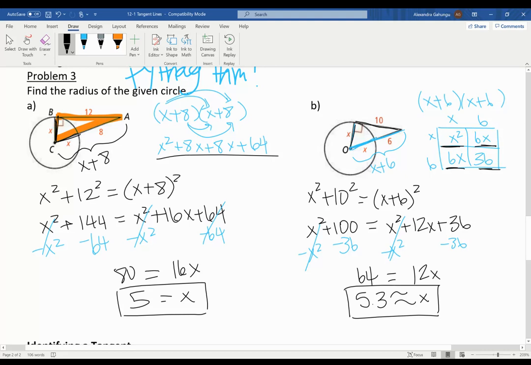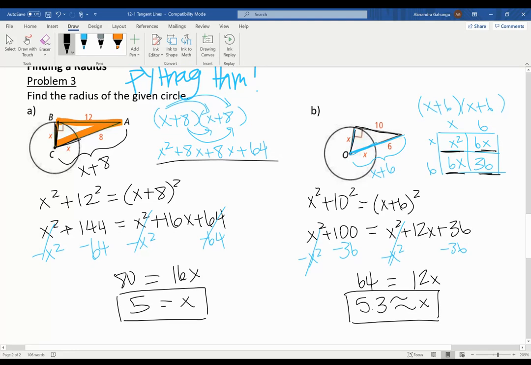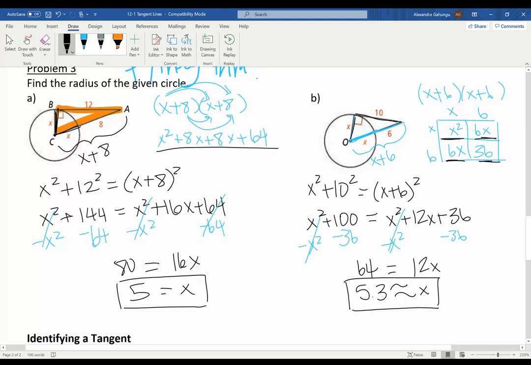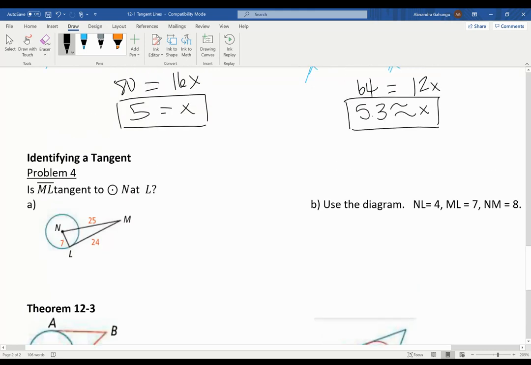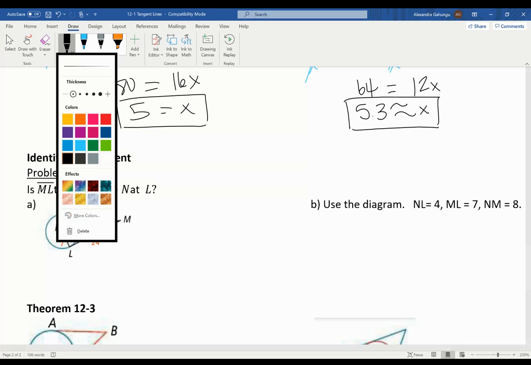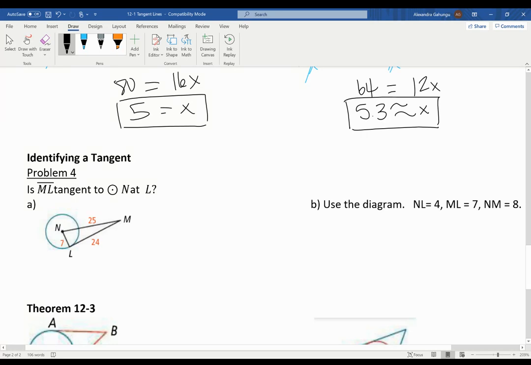We're going to use the Pythagorean theorem again. We do now know that they're tangent because they tell us we have a 90. So identifying whether we have a tangent, we need to know if the Pythagorean theorem works. So let's look here. I have the triangle, and I'm trying to figure out, is ML tangent to N at L? So basically, are we asking, is the Pythagorean theorem true?